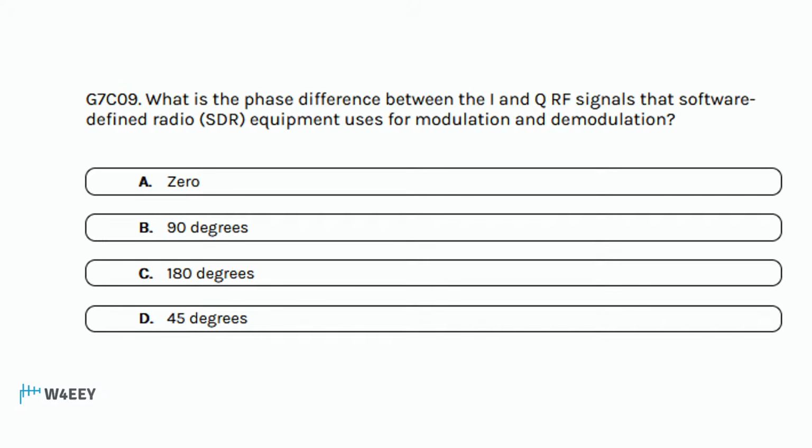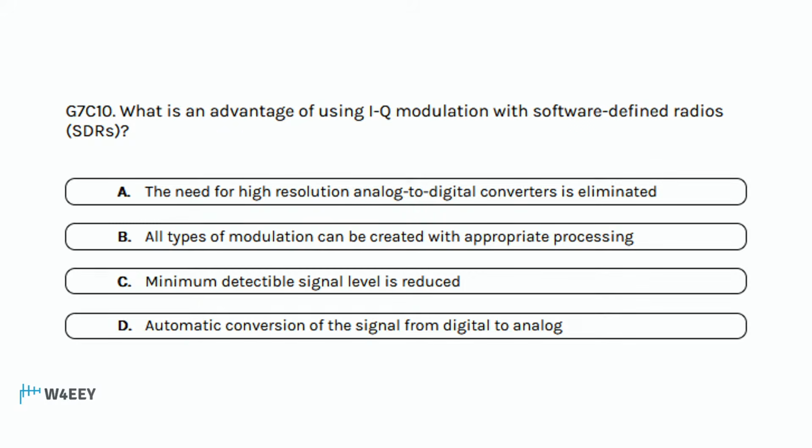And so what is the phase difference between the I and Q RF signals that software-defined radio equipment uses for modulation and demodulation? Bravo. 90 degrees apart, indeed. And what is an advantage of using IQ modulation with software-defined radios?